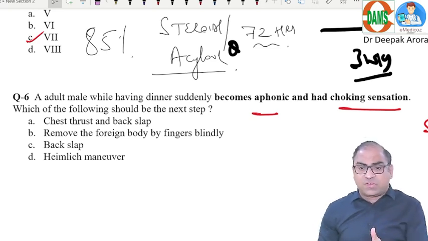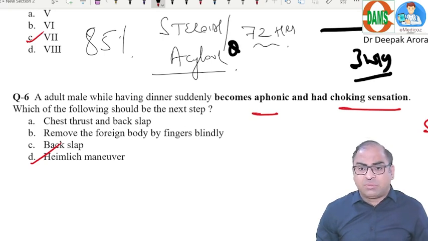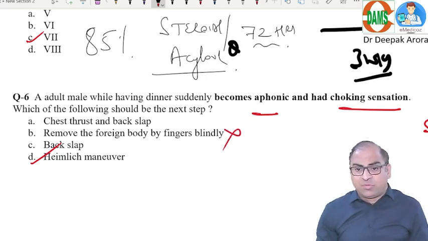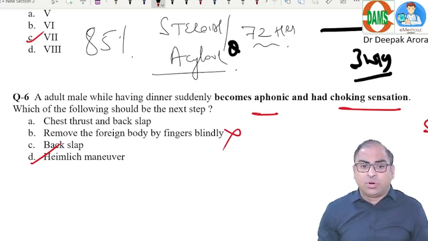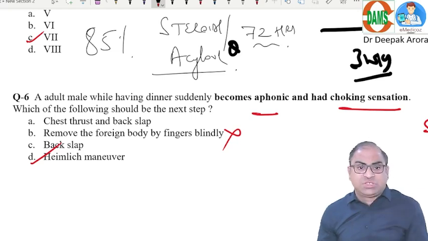So what is the first step we have to do? Heimlich maneuver, where we are pushing just below the rib cage to dislodge this foreign body. Are you getting this point? Removing the foreign body by finger blindly is the biggest blunder. That option is ruled out, we never do this. Options A and C, again confusing choices, chest thrust or back slap.